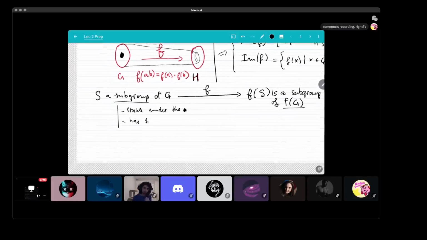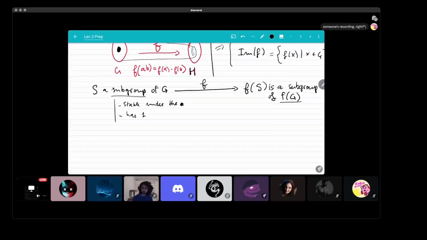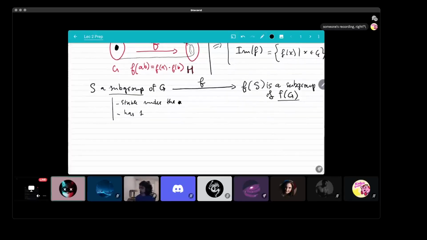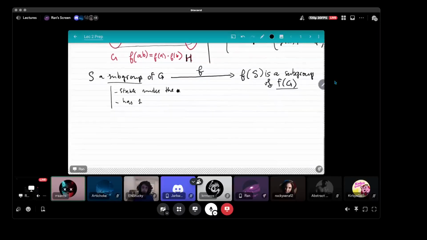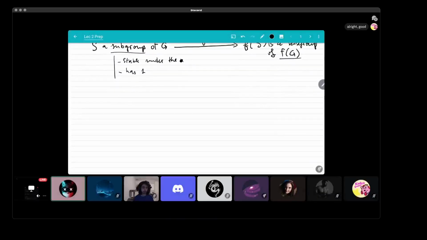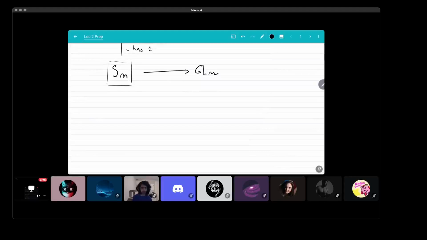So a few examples of this are, for example, if we have a morphism from the set of permutations of order n to the set of matrices by using the permutation matrices.